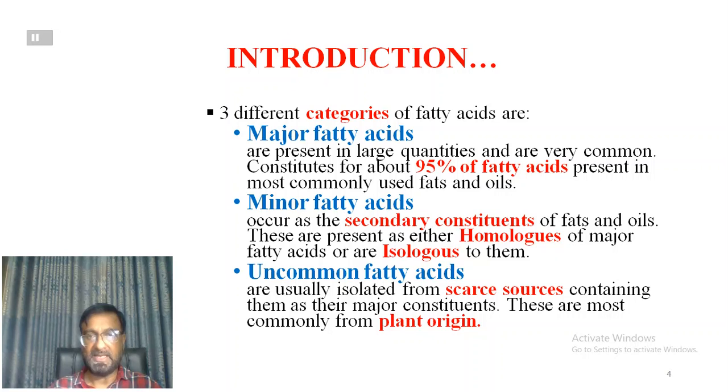These are present either as homologous of major fatty acids or as isologous to them. Uncommon fatty acids are usually isolated from scarce sources containing them as their major constituents. These are most commonly of plant origin.